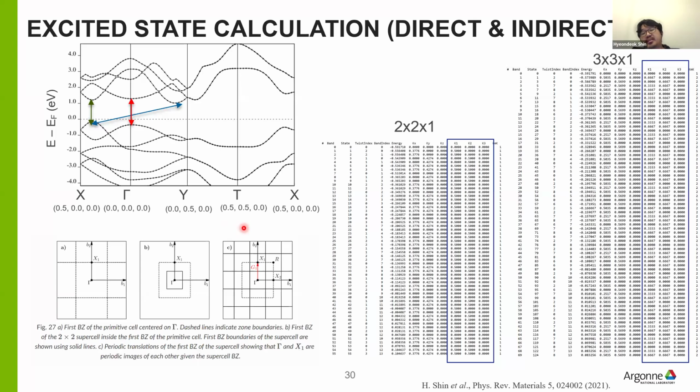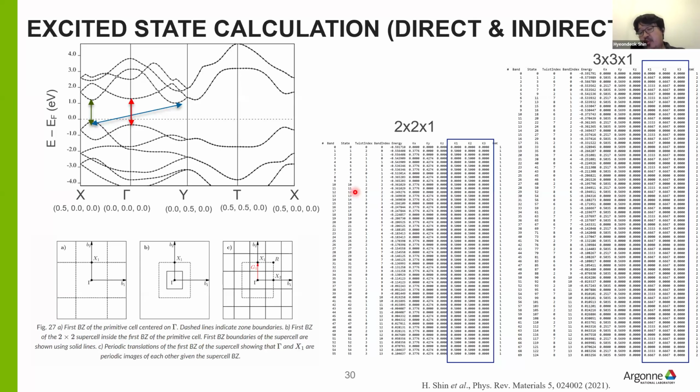We can see this example also in the QMC calculations and the DFT calculations. If we get the gamma point in the 1 by 1 by 1 cell, as we calculate the direct gap for the bulk system, and look at the eigenstate information, we will be able to get only the eigenstate at the gamma point.